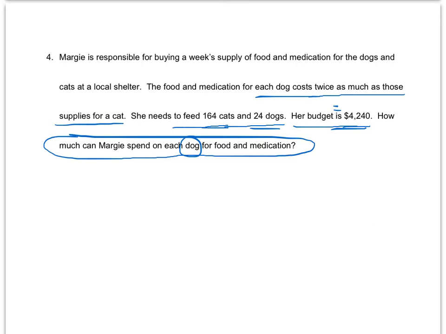Okay, so I'm going to write out this first one. So something is equal to 4,240. Okay, and what is that? Well, it is the cost of feeding the dogs and cats, right? So let's actually write the cost. This equation has to deal with the cost.